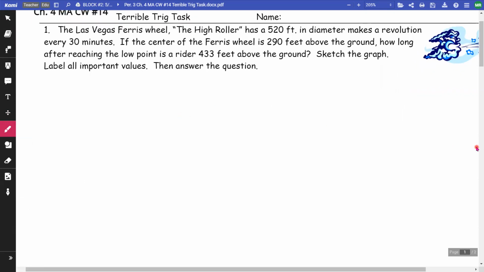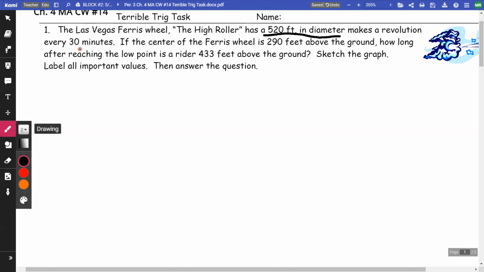So in this situation, we have a Ferris wheel called the High Roller that has a diameter of 520 feet. It makes a revolution every 30 minutes.